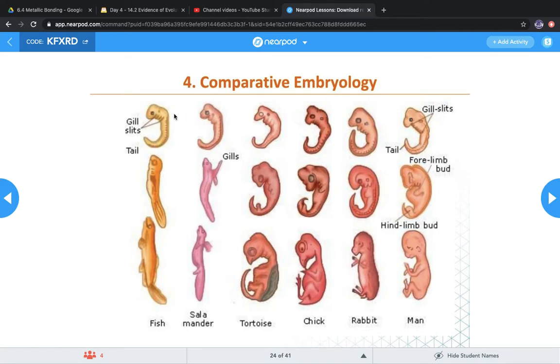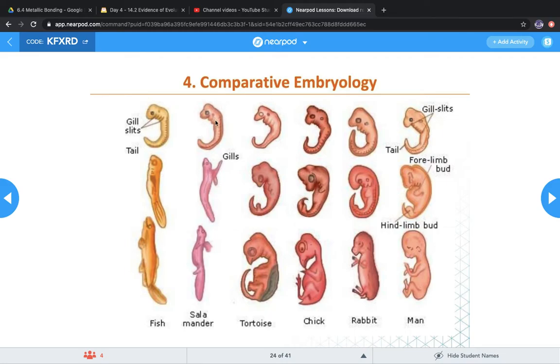So at the very earliest stages of development, all of these organisms share similar characteristics. This indicates to us that there's a possibility that there was a common ancestor between these organisms which all have a spine or vertebrate, right? Since at very early ages in their development, they appear to be extremely similar.